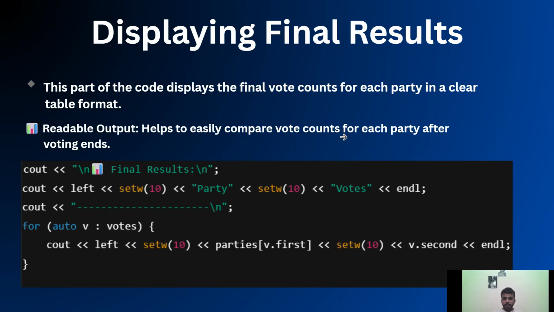We use setw, which is part of the iomanip library. setw gives a table format. The output becomes like a table that voters and anyone can read easily. I will show the code and run the program to show how setw works. Now let's move to the next slide.